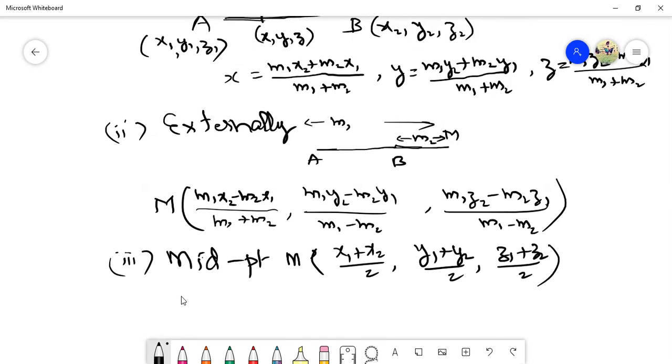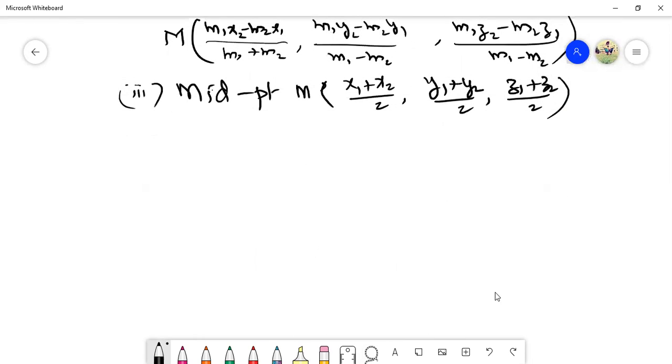Midpoint formula. Centroid of a triangle. The fourth formula is the centroid of a triangle.